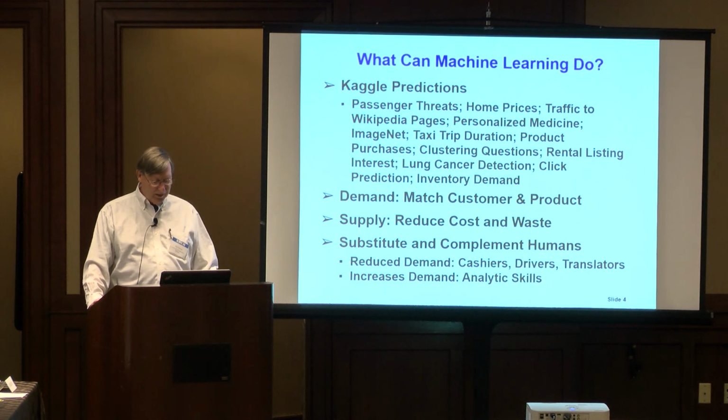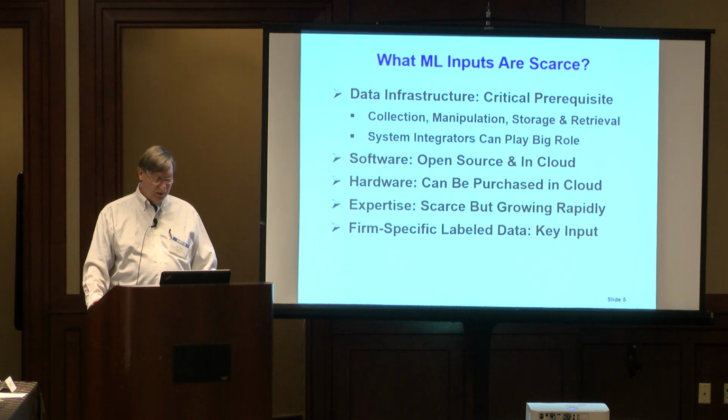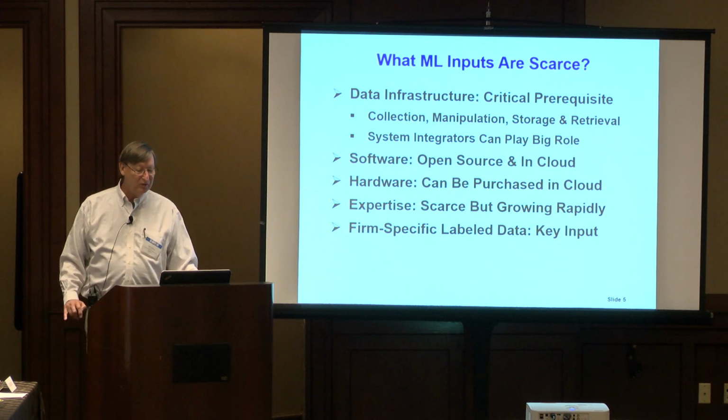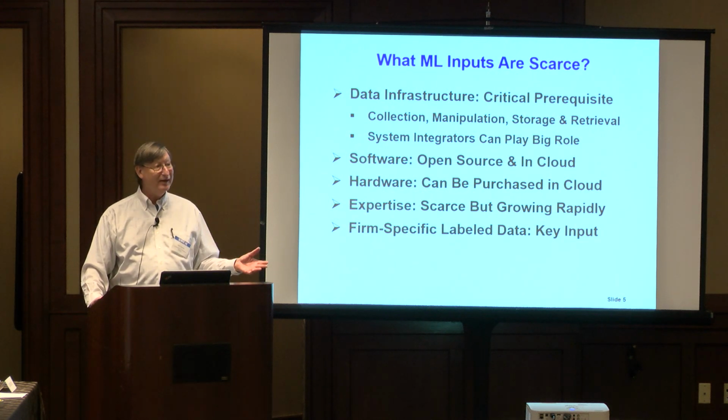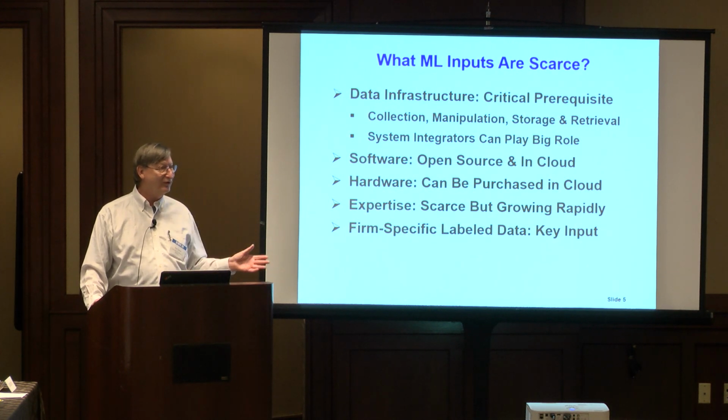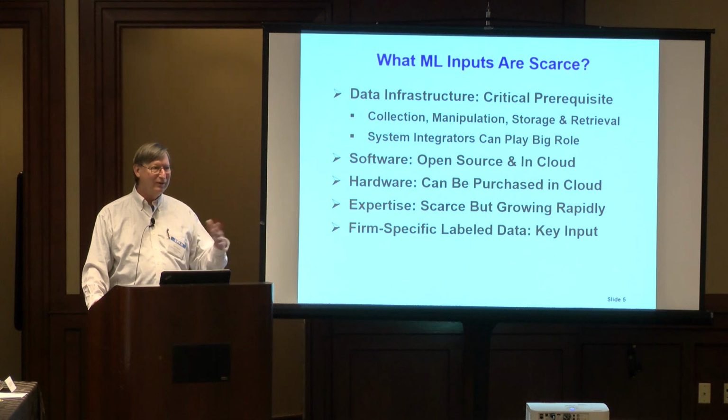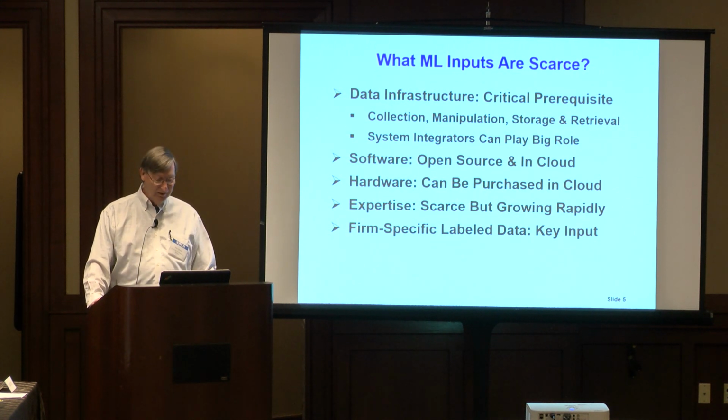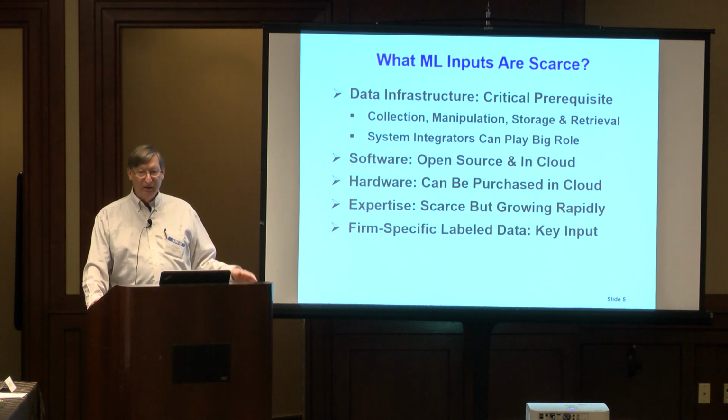And of course, as we've heard many times, these services both complement human activity and they also substitute for it. What's scarce in machine learning? Well, you have to have a data infrastructure, but it's not scarce these days because you can go to Amazon, Google, or Microsoft, and for very low prices, get cloud computing infrastructure for collecting, manipulating, storing, and retrieval.